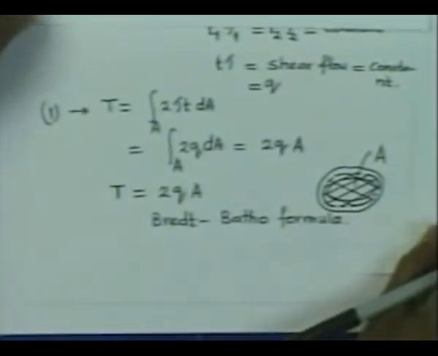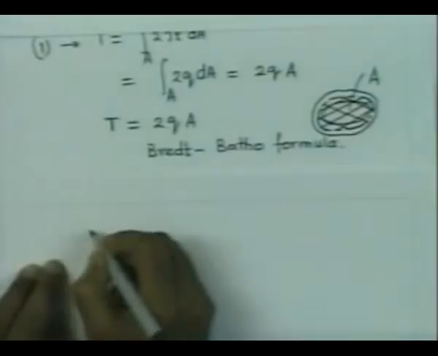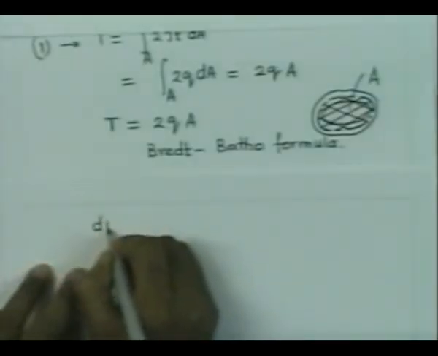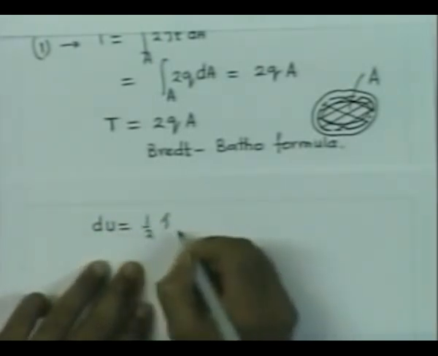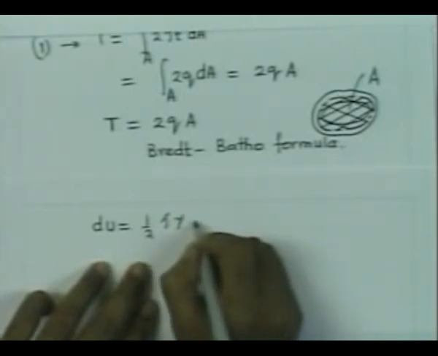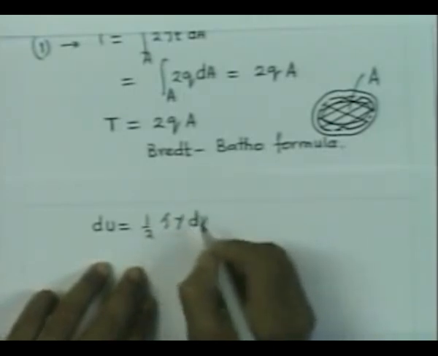So, we have been able to get the relationship between the torque and the shear flow Q. In many applications, it is necessary to calculate the angle of twist per unit length. So, let us see how we can calculate the angle of twist per unit length. The strain energy in an element dU is nothing but half shear stress multiplied by the shear strain multiplied by the volume of the element.